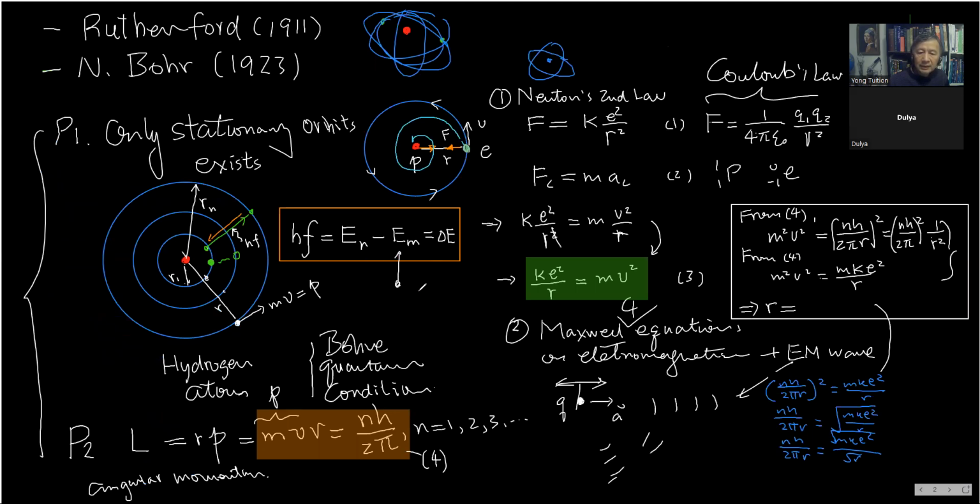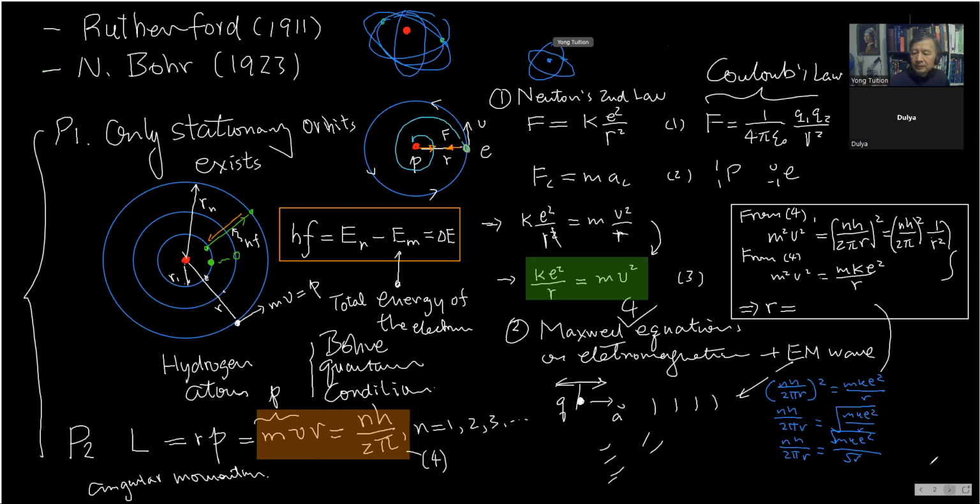E for energy, the total energy of the electron in the hydrogen atom.